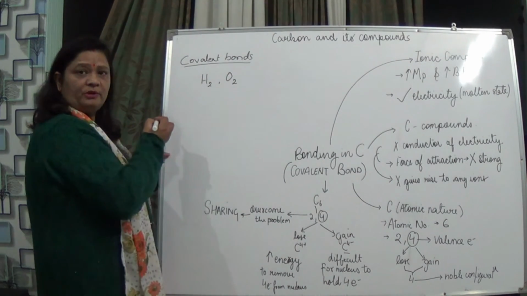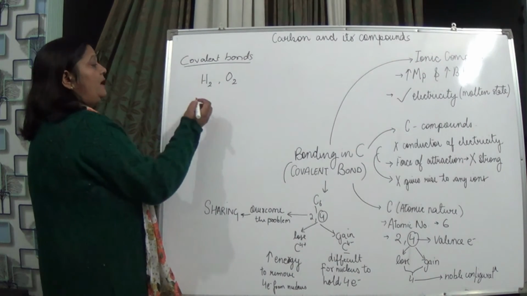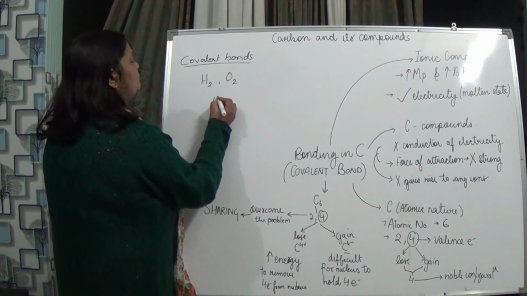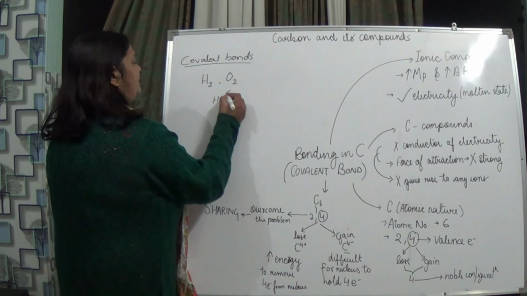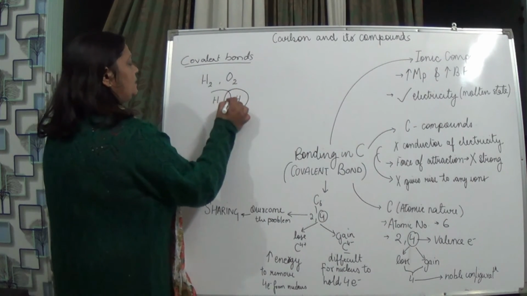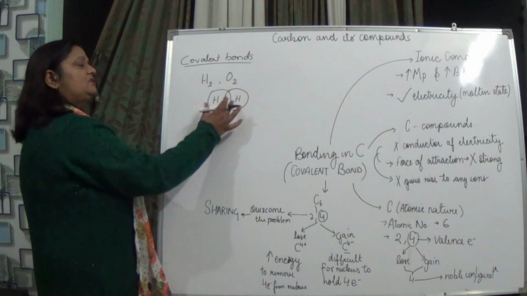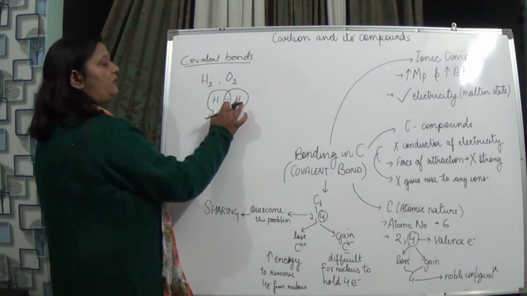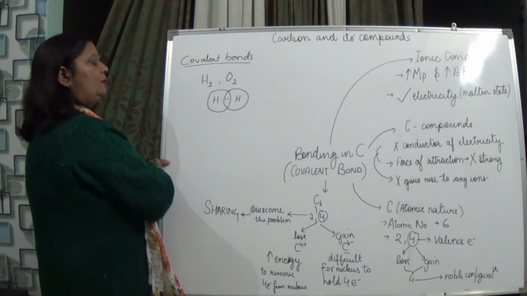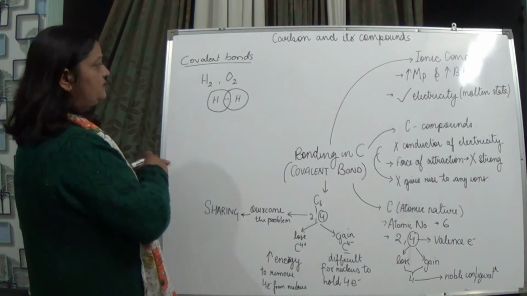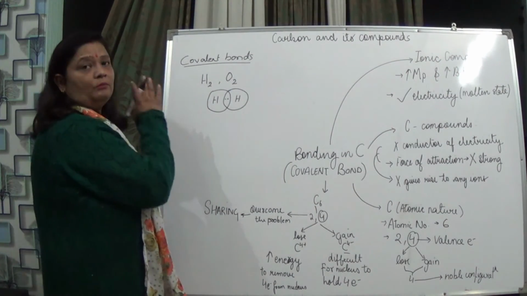These are homoatomic, the elements are similar. So here, when the bond is being formed in hydrogen, one electron of this hydrogen and one electron of this hydrogen are shared, and naturally its duplet is complete. Likewise it will be for oxygen. These are homoatomic covalent molecules.